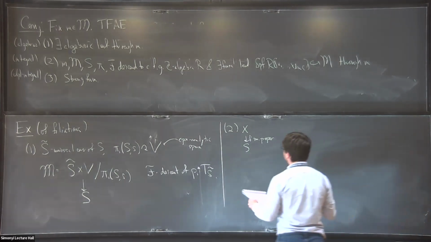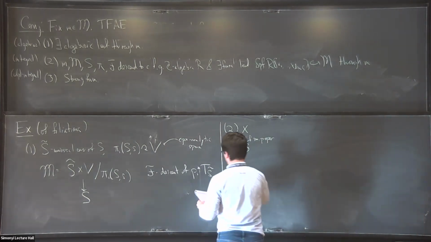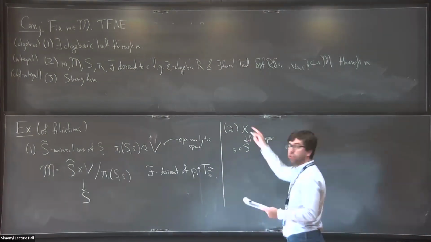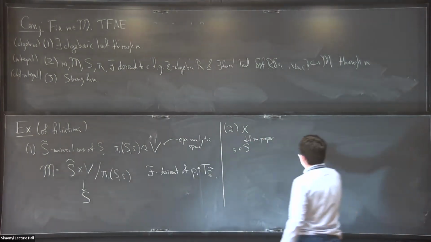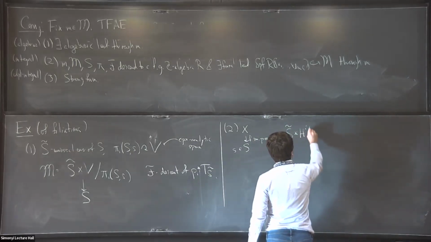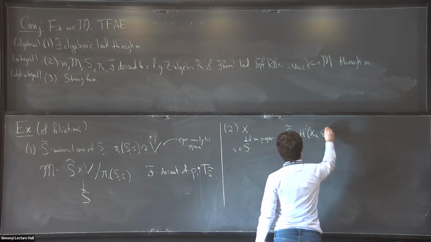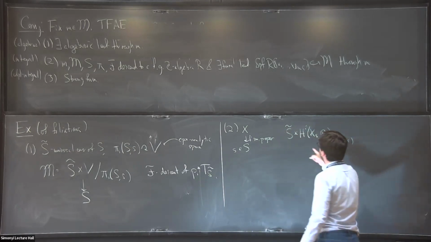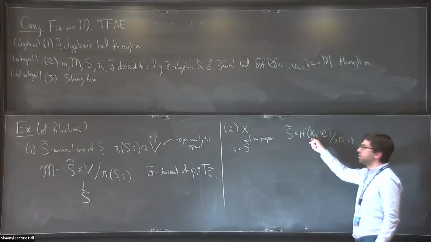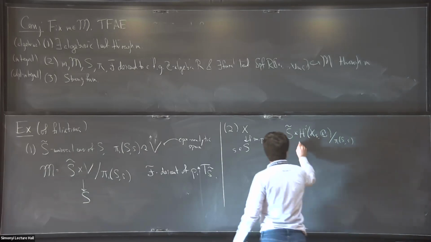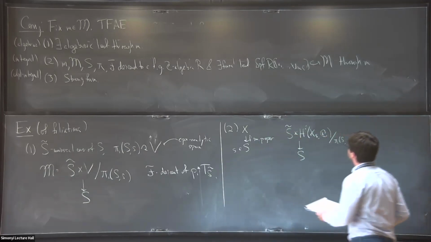So I'm going to fix a point little s in S, and I will set V to be the cohomology of the fiber. So I'm going to take S tilde times the cohomology of the fiber, complex coefficients, modulo pi 1 of the base. This acts on S tilde by deck transformations and on the cohomology of the fiber via the monodromy representation. This maps to S.